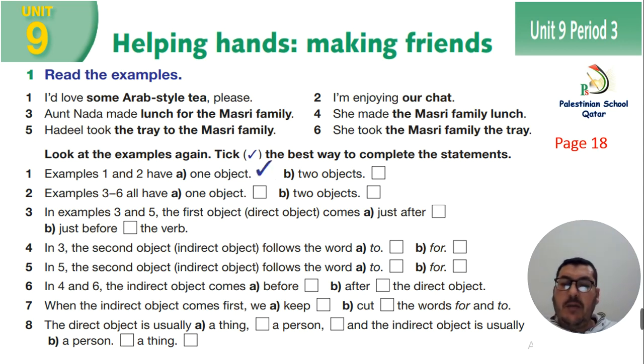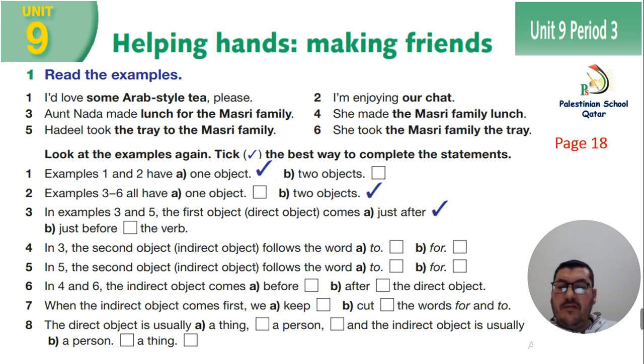Number 2, examples 3 to 6 all have one object or two objects? Of course, two objects. Number 3, in examples 3 and 5, the first object, the direct object, comes just after the verb.